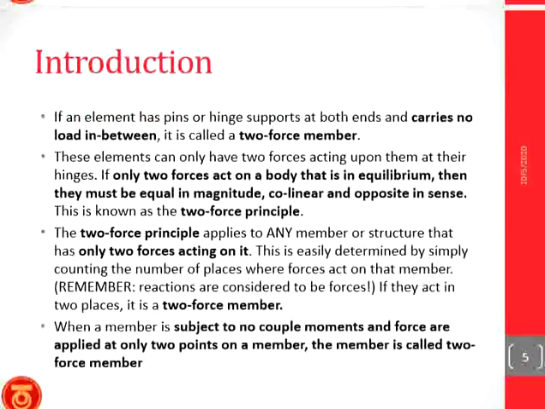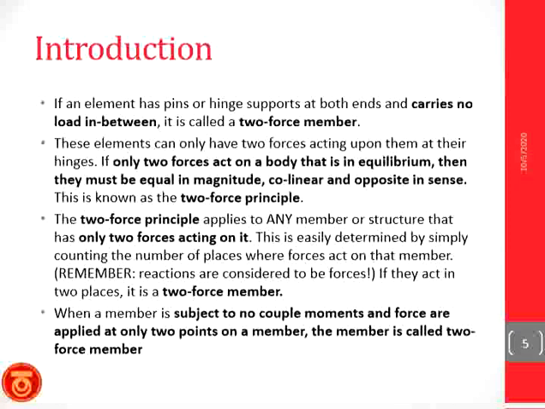Okay, for the introduction to 2 and 3 force members, if a member has pin or hinge support at both ends, so we have pin support at both ends, and carries no load, it's called a 2 force member. So this element can only have 2 forces acting upon it at its hinges.